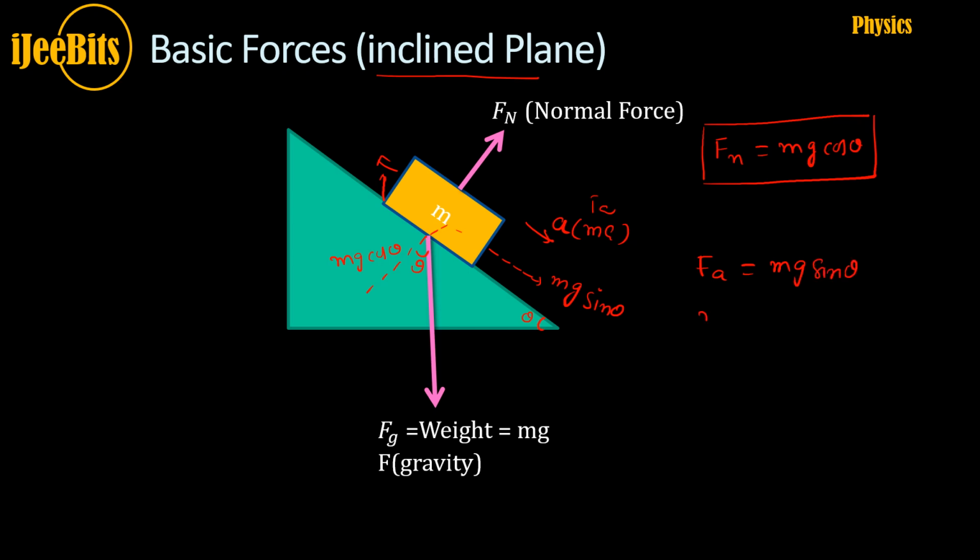No, I mean m into a equal to mg sin theta. So that means a equal to g sin theta. So you can calculate the acceleration of the block towards downwards, which would be a equal to g sin theta. Are you clear?